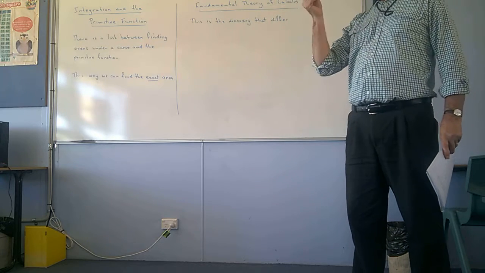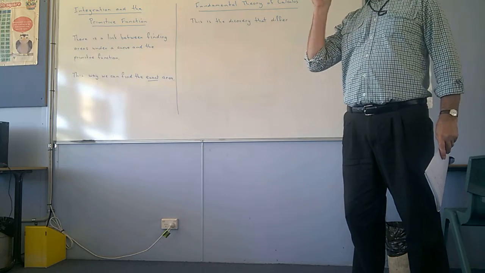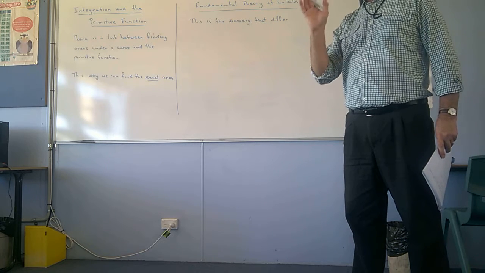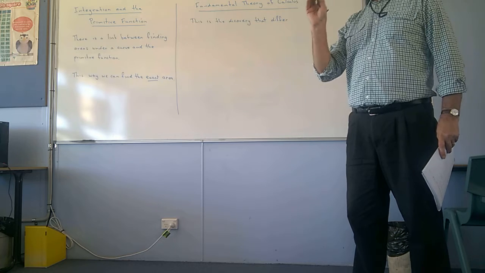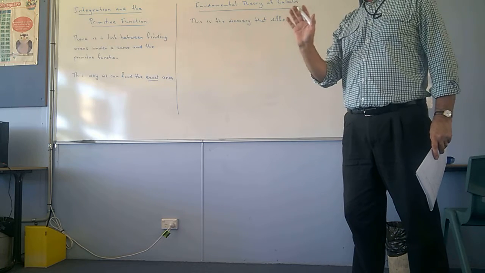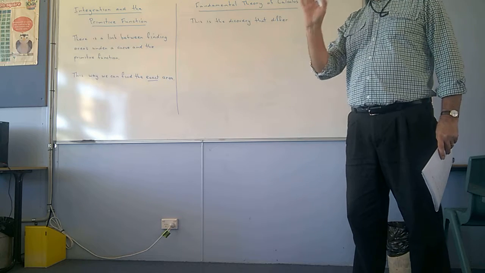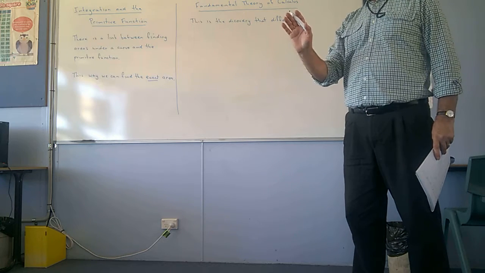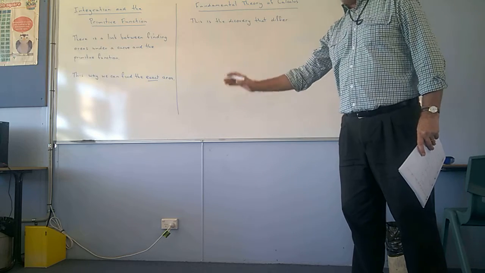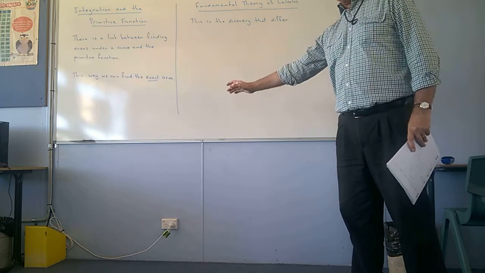And it's the concerning the gradient of the tangent to a curve. So what we've done out of those three things is we've looked at differentiation, which is the equation of the gradient of a tangent to a curve.